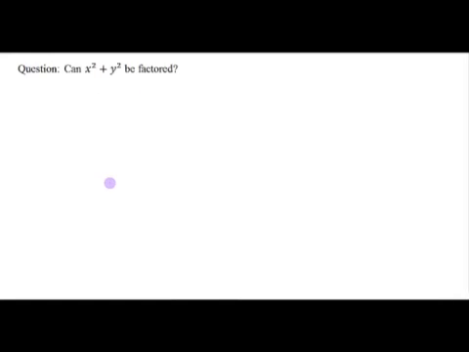Now, can x squared plus y squared be factored? Let's try something like that. Let's say we had something like 4m squared plus 9. How would we factor something like that? We could try 2m plus 3 and 2m plus 3.